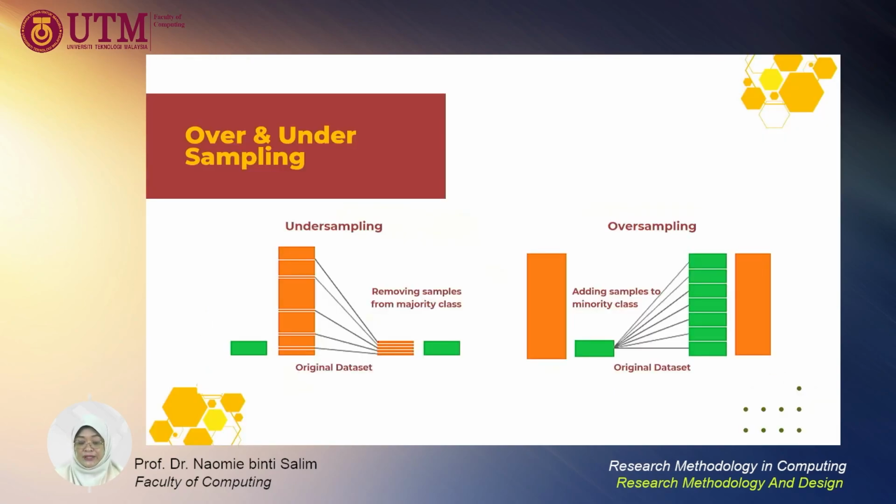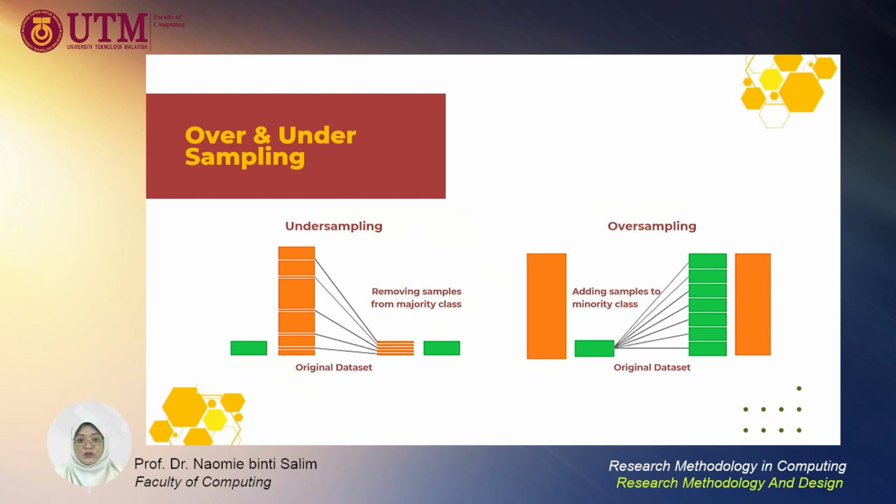One of the things that we can do if we have two sample classes, for example, we have one class that is very few and another class that has high number. So what we can do to balance both classes before we put the data into our experimental methods is by removing samples from the majority class, or we can oversample or add samples to the minority class.